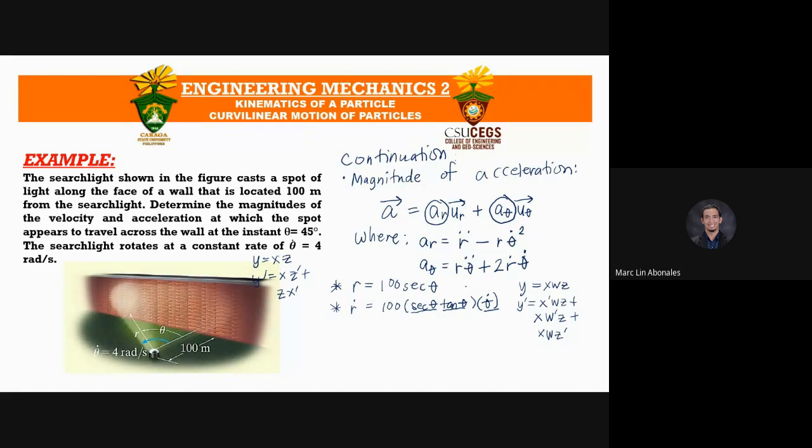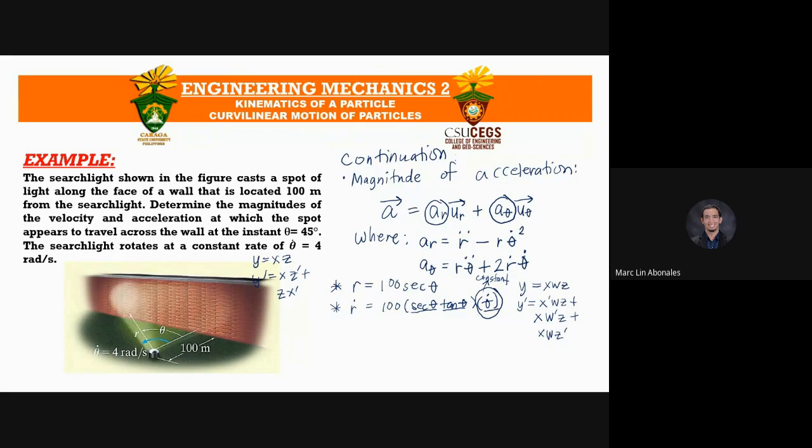based sa problem, si theta dot nato or the angular velocity is actually a constant. Mao man lang sa statement diri sa last part: the searchlight rotates at the constant rate of 4 radians per second.